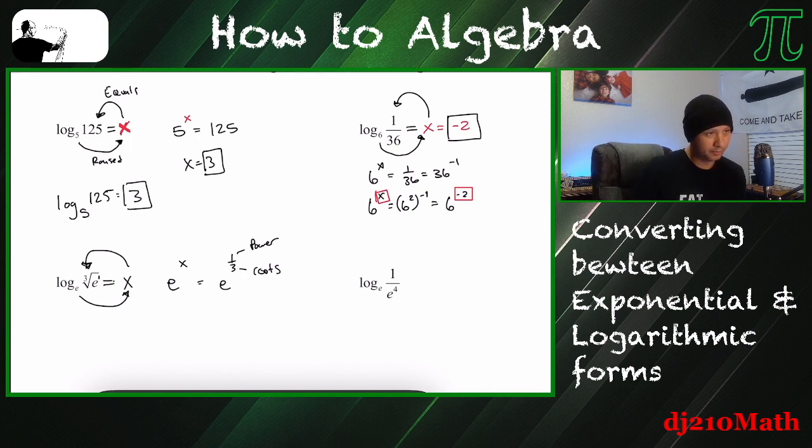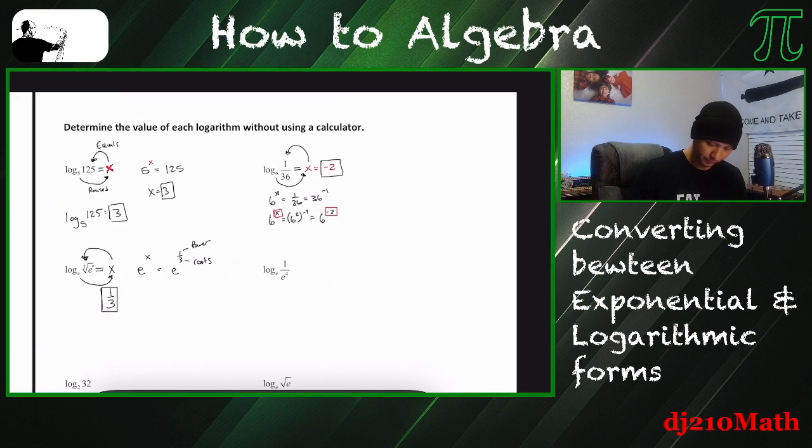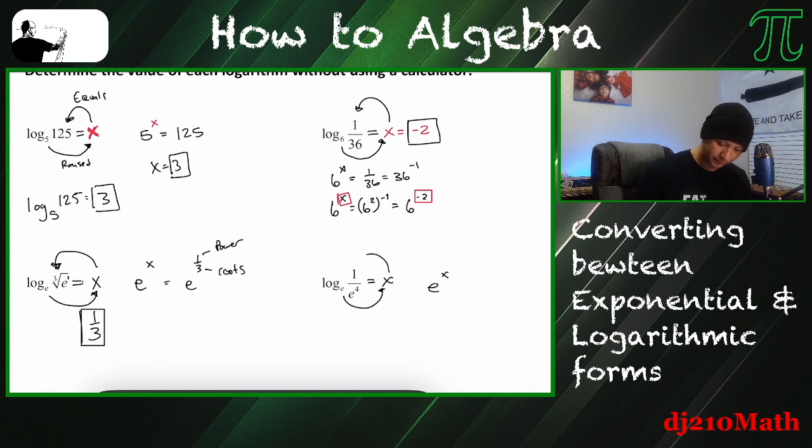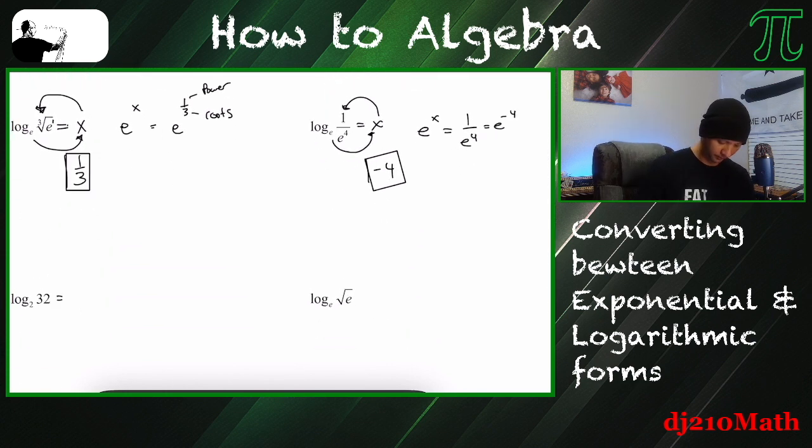So 1/3. Okay, so we can equate the exponents. X is equal to 1/3. Next, e to the x is equal to 1 over e to the 4th, which is basically e to the negative 4th. So x is equal to negative 4. Next, 2 raised to the x is equal to 32.